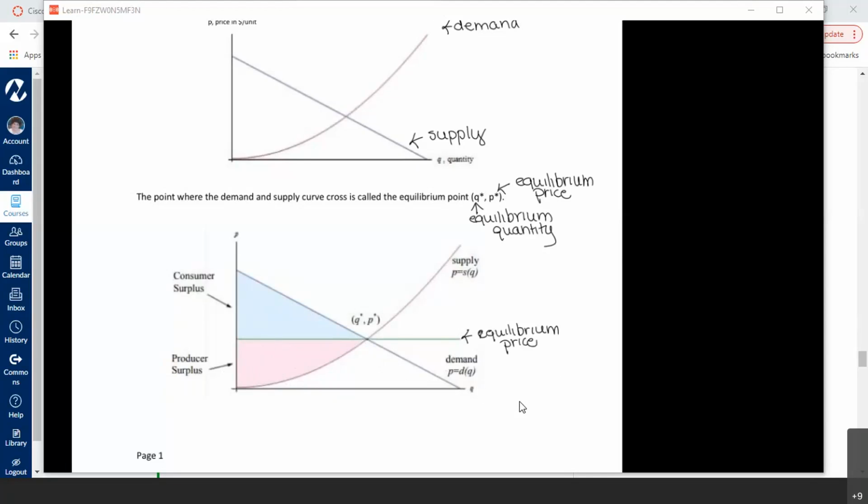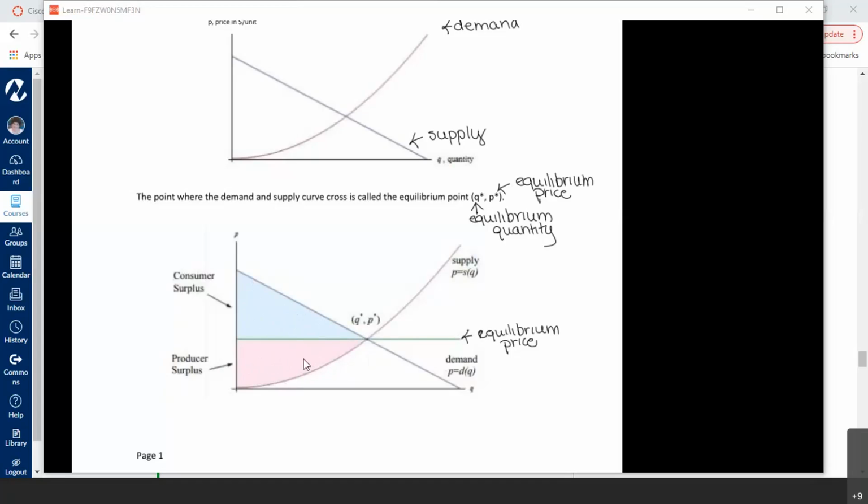Basically the blue part that's above the equilibrium price is the amount that your consumers would have been willing to pay above equilibrium price. So this blue area is called a consumer surplus, because by buying at equilibrium price, this is the money the consumers have saved, because they would have been willing to pay more for the product.